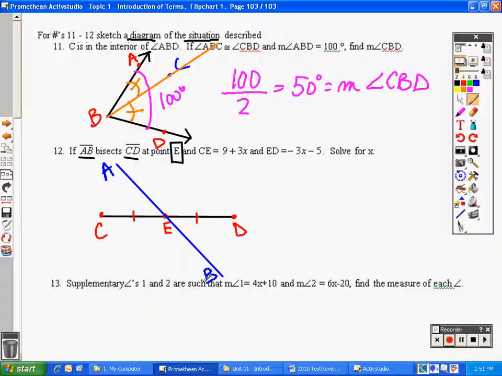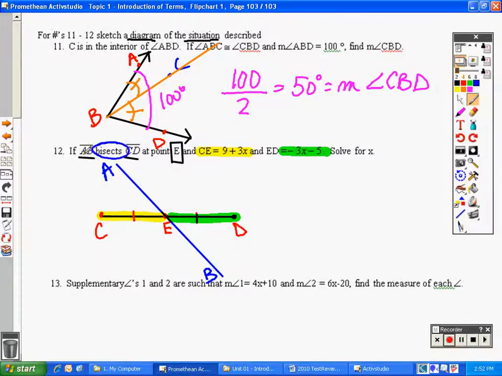Now, we have CE is 9x plus 3. Right, so we've got right here, CE is 9x plus 3, and that represents this part. ED is negative 3x minus 5, and that's this part. Well, they're congruent, right? We decided that because we'd seen that word bisects.